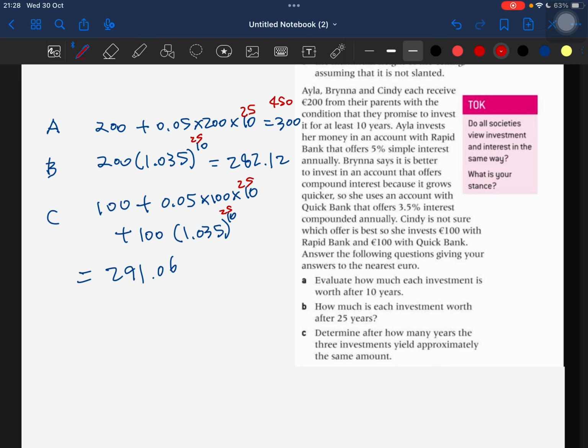And number B, 25, 472.65. And number C, plus 100 and 100.